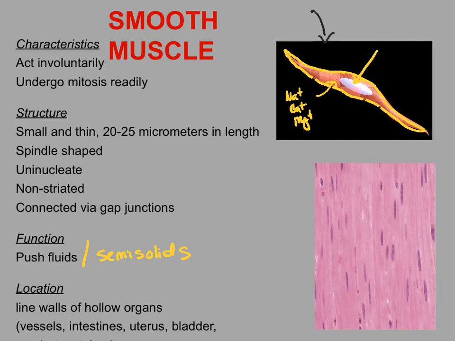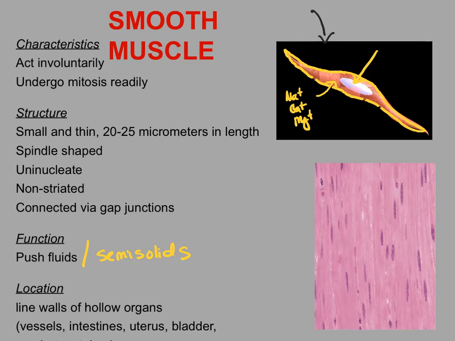If you think about the uterus carrying a fetus, during childbirth, the smooth muscle of the uterus contracts to expel the fetus. And so in that case, that would be a solid object. That's an exception, right? That's generally what smooth muscle does. It's pushing fluids or semi-solids or something from one place to the next. And then, of course, the locations are as you see written here.